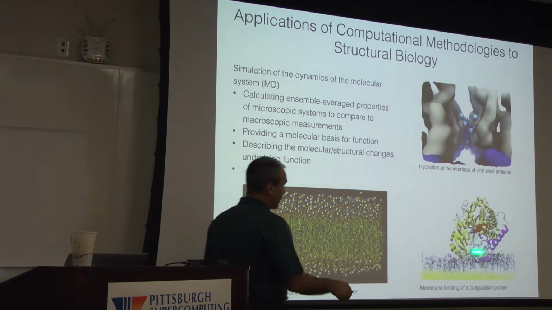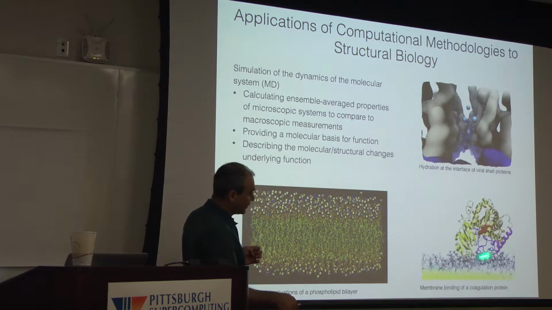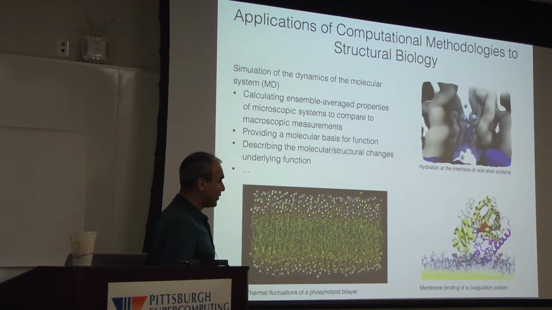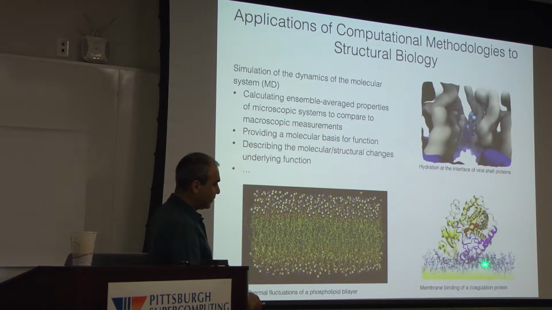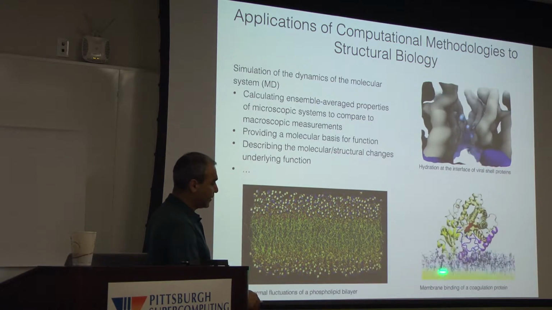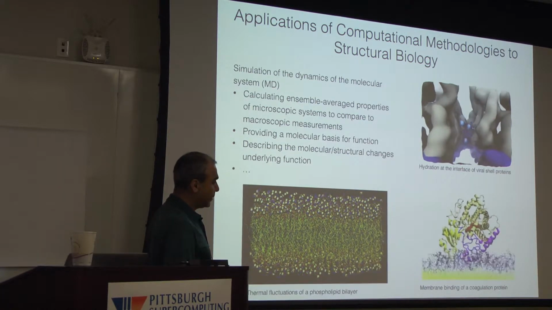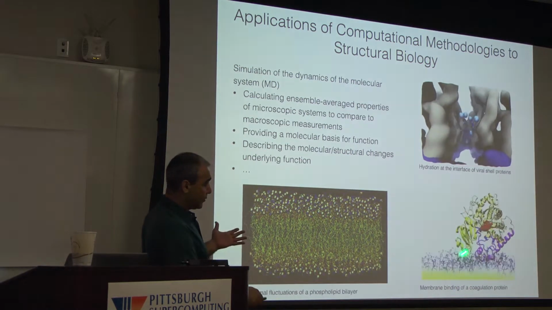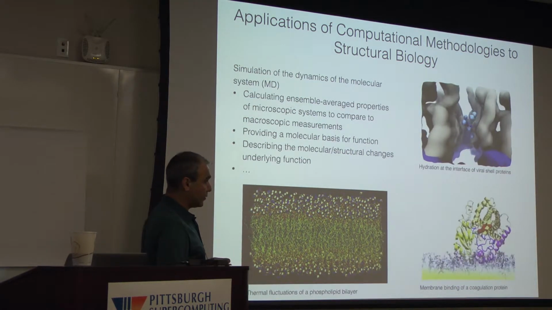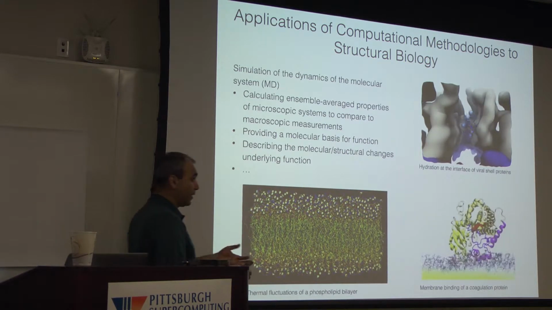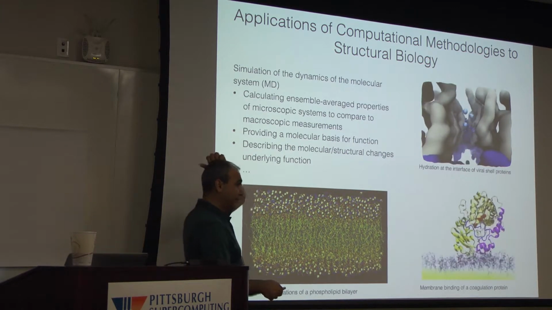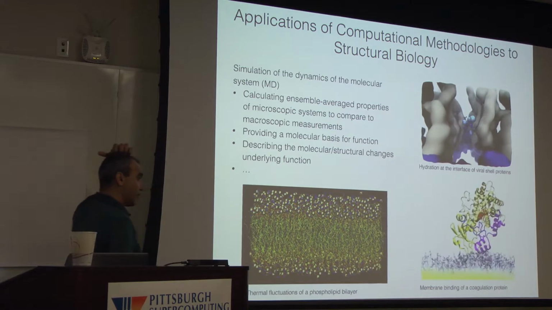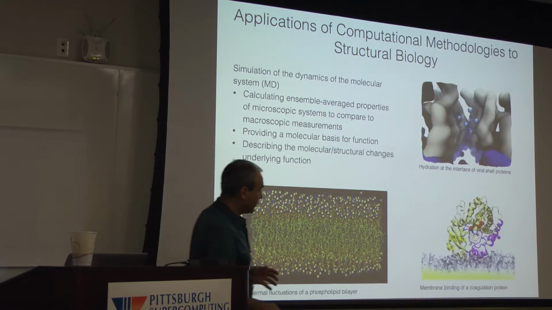The coagulation factors need to bind to the surface of the membrane to activate each other, and this is dependent on a particular lipid composition in the membrane. So by doing this simulation, we are able to characterize the binding pocket for the particular signaling lipid that is necessary for binding of the coagulation protein.